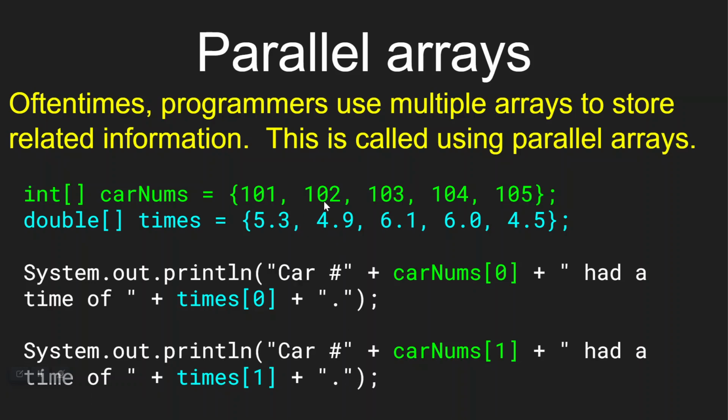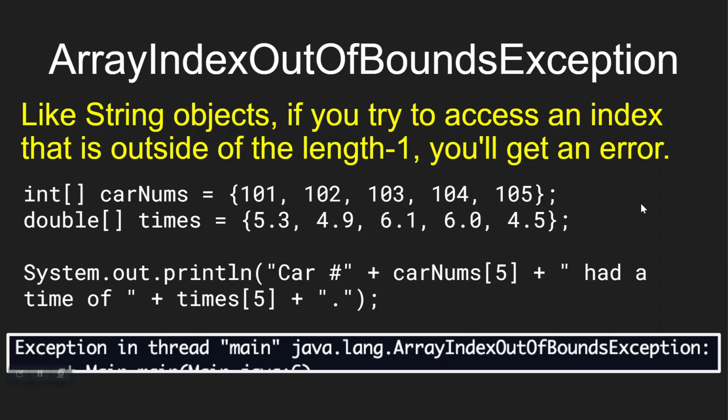So you can see how these arrays kind of work together to store related information, and you can then use your print statements and access the different index values to just make sure that your information is coinciding the way you want it to coincide.